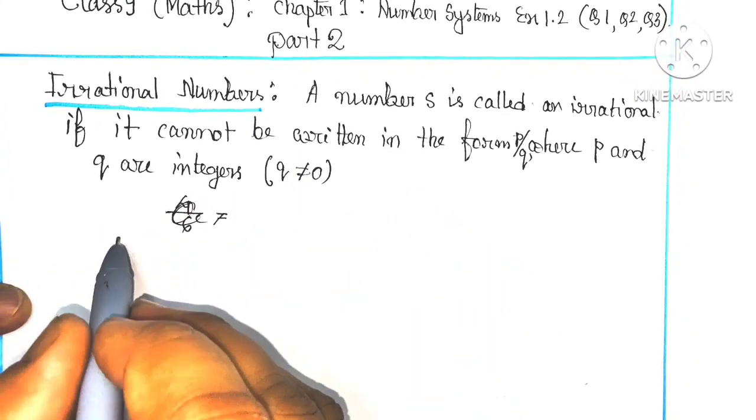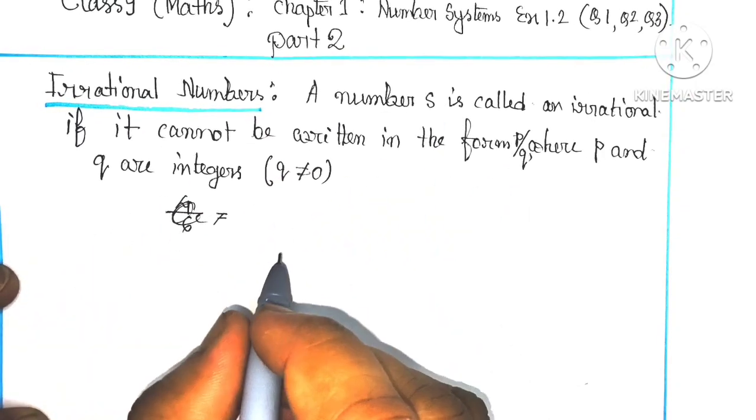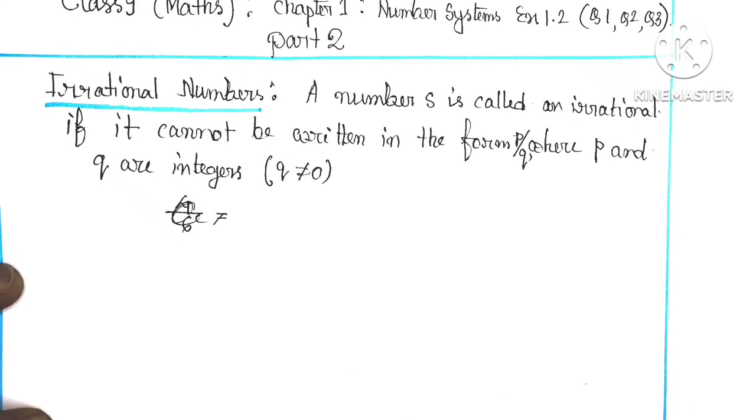The decimal representation of an irrational number is non-terminating, non-recurring.